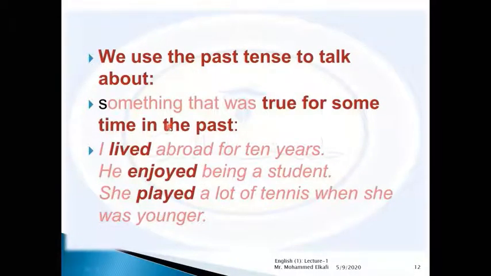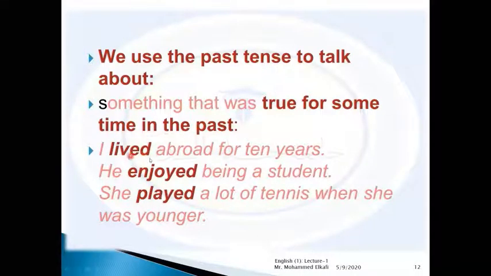The third case of usage, we use the past tense to talk about something that was true for some time in the past.